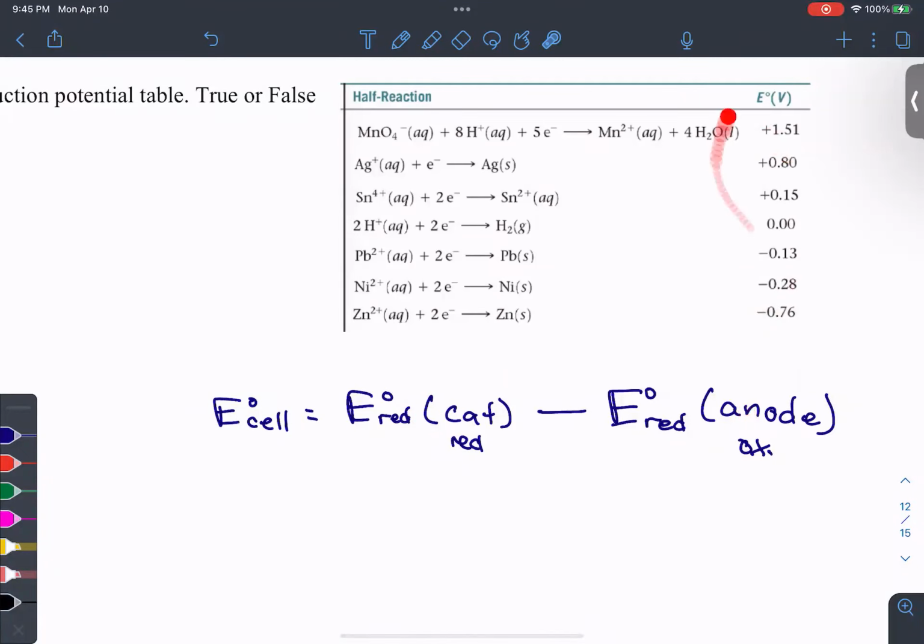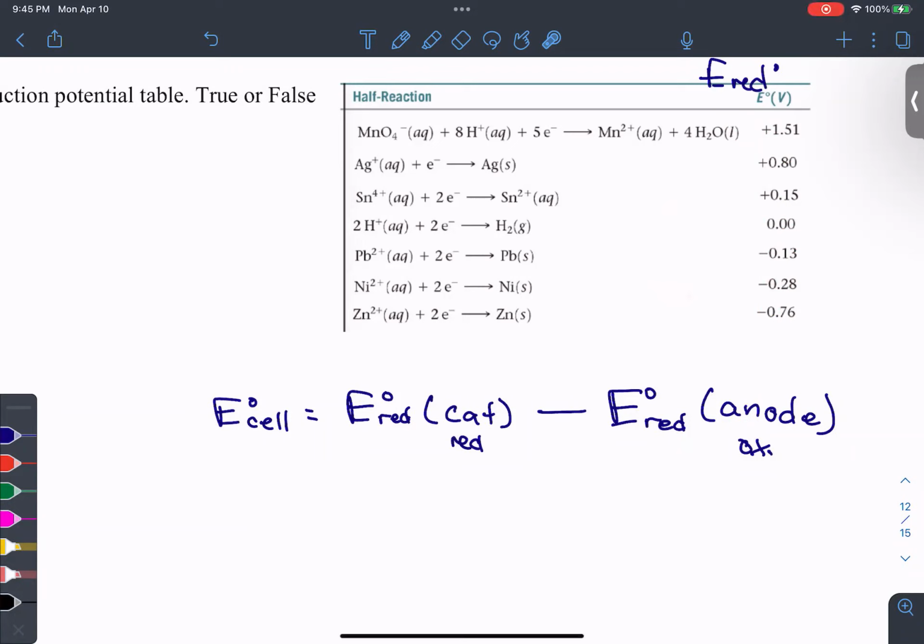So you just look for the numbers on this table and you just do one number minus the other number written as is. These are reduction half reactions, so you just take one reduction value minus the other reduction value, granted that you correctly identify what is your cathode and what is your anode.